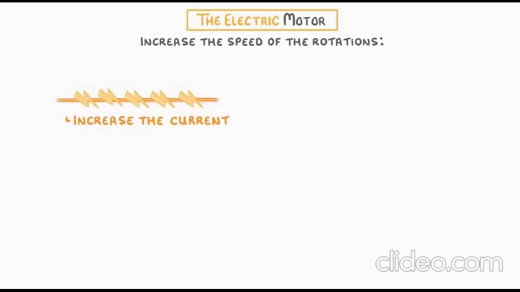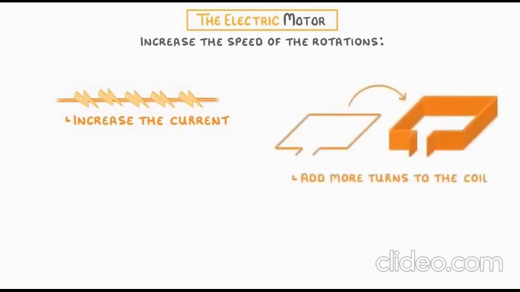Increase the current and the spinning will be very fast. The second one is adding more turns to the coil. In the video I showed you only a single coil, but in actual motors there are more turns. It's very similar to the motor effect, where I said the length of the wire matters, right? So if you increase the length of the wire, you have to make more turns to make it in a coil shape.